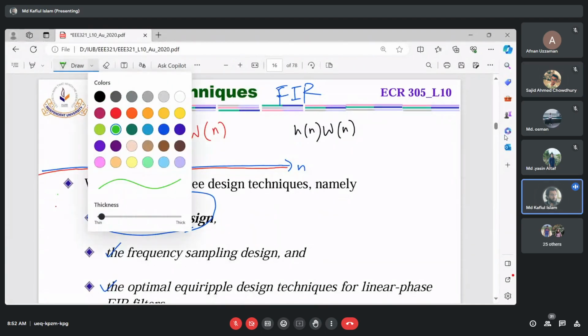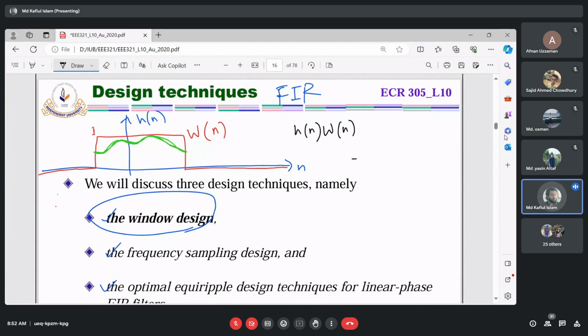So what I'm trying to say is that from infinite impulse response to finite impulse response, how can we achieve that finite impulse response from an infinite duration? It is possible by applying some kind of window, right? So I applied a rectangular window and multiplied it with that infinite duration impulse response, and then it becomes finite duration.